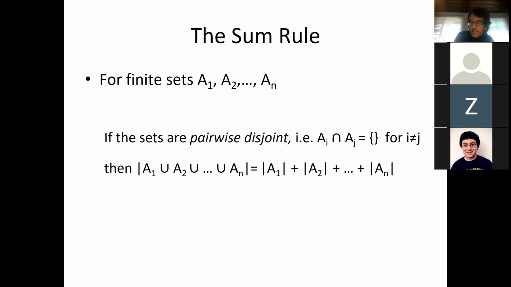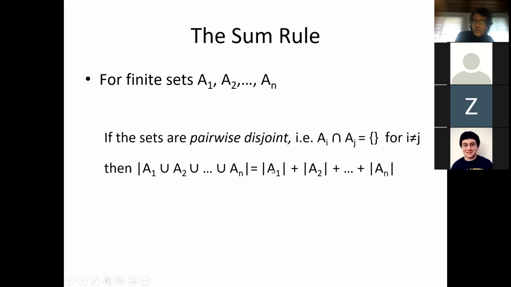Then it's clear that in order to count a union, you just have to count elements in the first set and elements in the second, etc., and then add. If there is a non-empty intersection of any pair of sets here, then you will be overcounting elements.